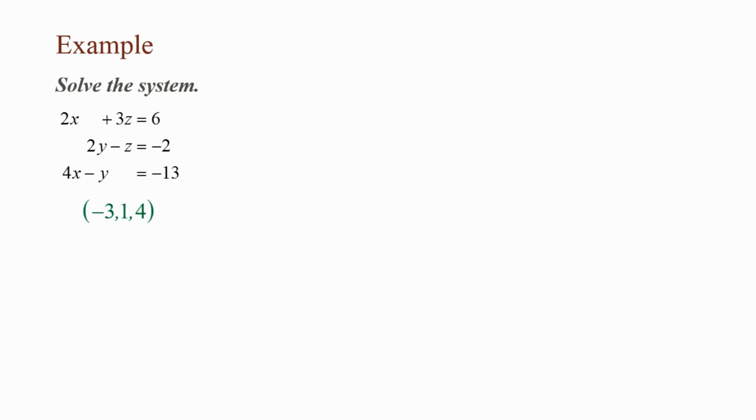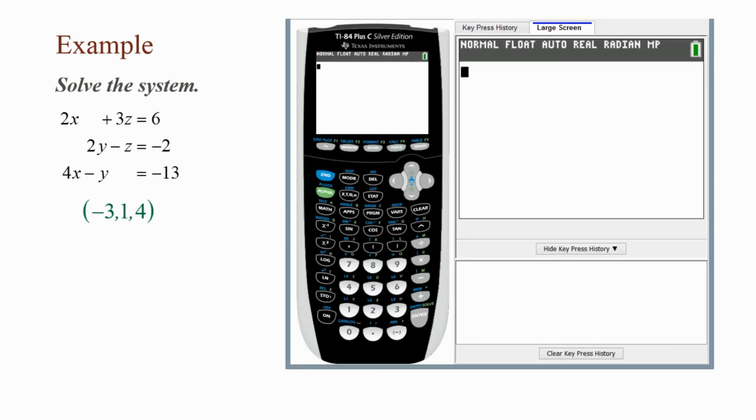Using our calculator, we want to check the ordered triple negative 3, 1, 4 with our system of equations. Our first equation is 2x plus 3z equals 6. 2 times x, which is negative 3, plus 3 times z, which is 4, should equal 6.